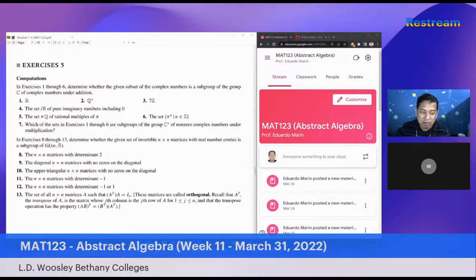Modulo 7 addition. Is it a subgroup or not? Modulo 7 addition. Meaning the range of integers is from 0 to 6.